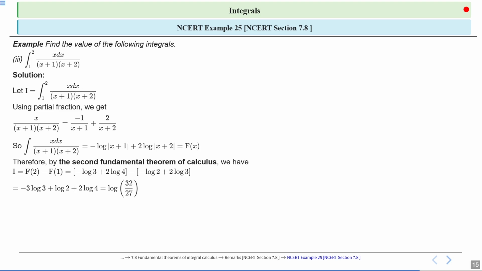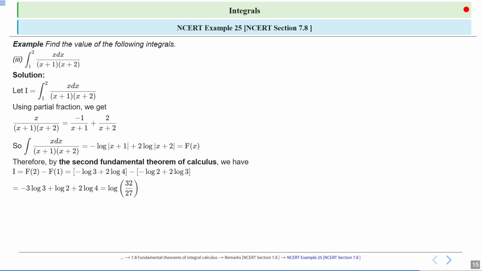So when we apply the properties of logarithms, we get log 32 by 27, because we know the property of logarithms that n into log a is log a to the power n. So 2 log 4 is equal to log 4 to the power 2.